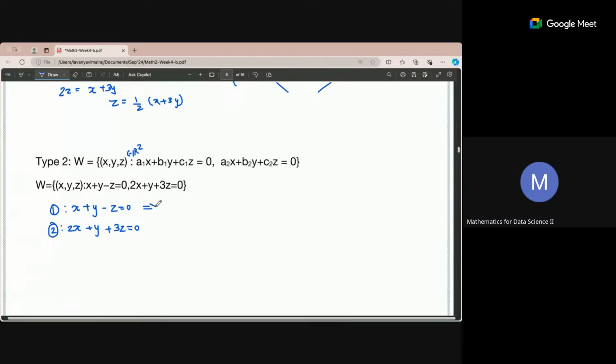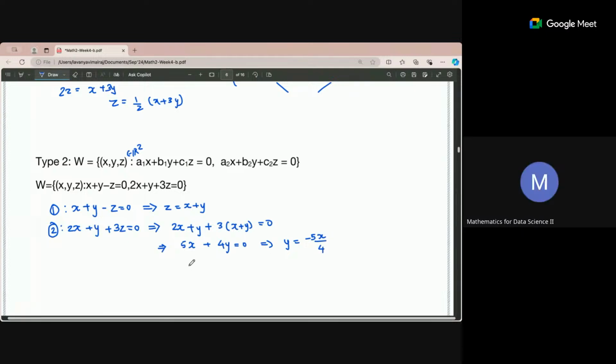From the first equation I can write z is equal to x plus y. Is that correct? Yes, ma'am. Now I put z equal to x plus y here. So 2x plus y plus 3 times x plus y is 0, which gives 2x plus 3x, which is 5x. So you have 5x plus 4y equal to 0. From this, y is equal to minus 5x by 4.